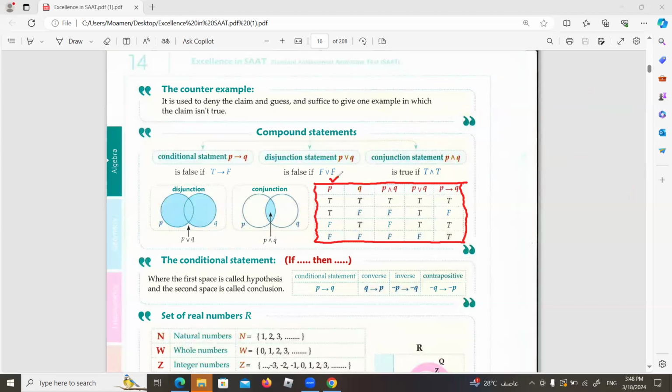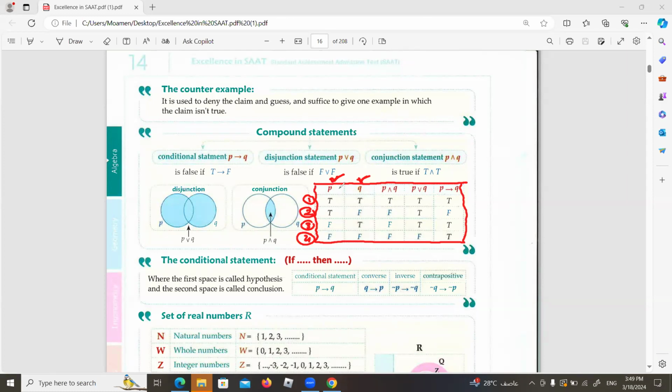The first statement is called P, and the second is called Q. The first statement may be true or false, so we get four conditions: number one, two, three, and four. And for Q we also have four conditions: true, false, true, false.